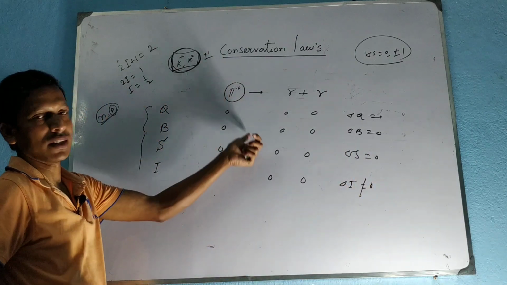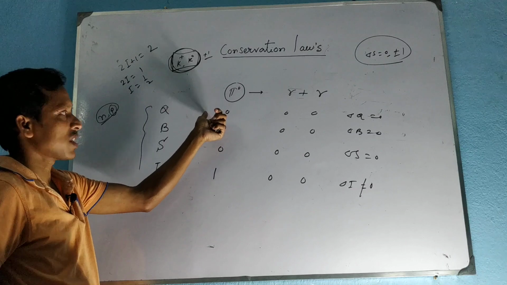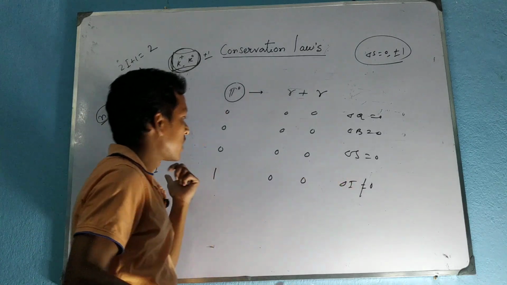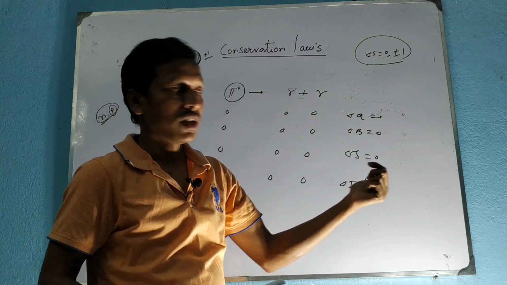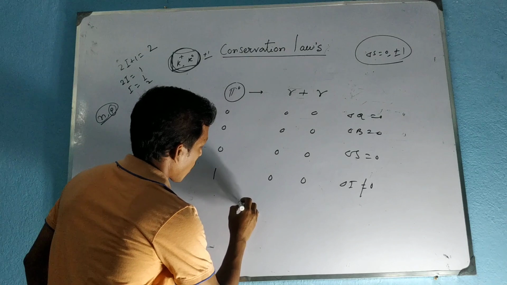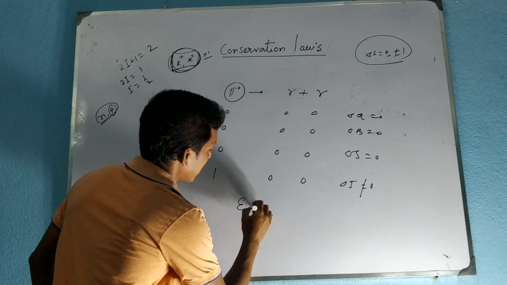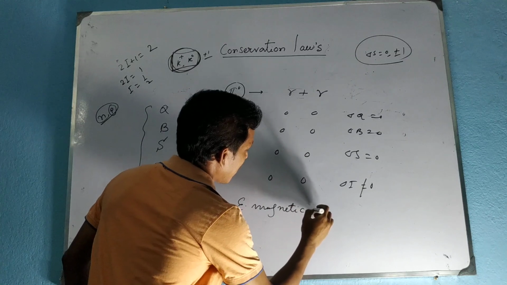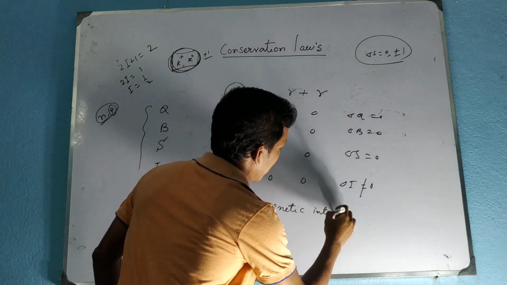This is an allowed reaction, because charge is conserved, baryon number is conserved, strangeness number is also conserved, but isospin is not conserved. So this interaction goes through electromagnetic interaction. Okay, electromagnetic interaction.